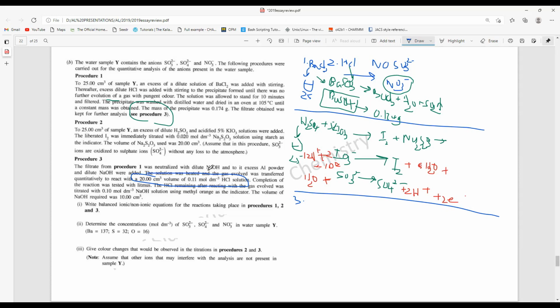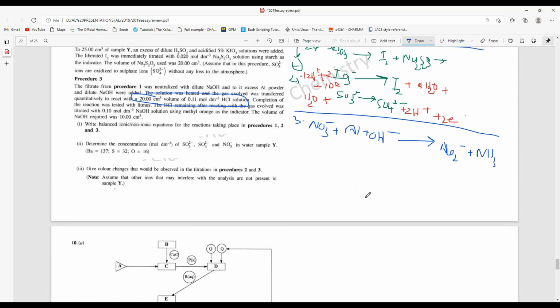As I told you before in my previous discussions also, if you really want to keep this equation in mind, you know NO3 minus reacts with aluminium, and in the basic medium OH minus will give AlO2 minus plus ammonia.